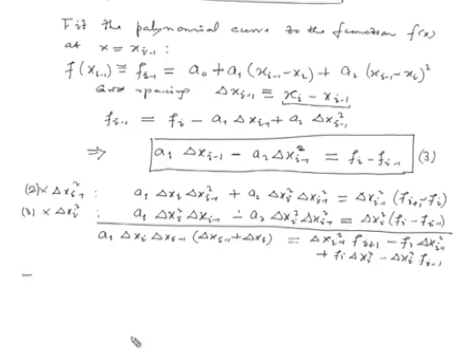So if we rearrange the terms, we straightway get the expression for a1, and this a1 is nothing but the derivative which we wanted, del f by del x at point i, or x is equal to xi.